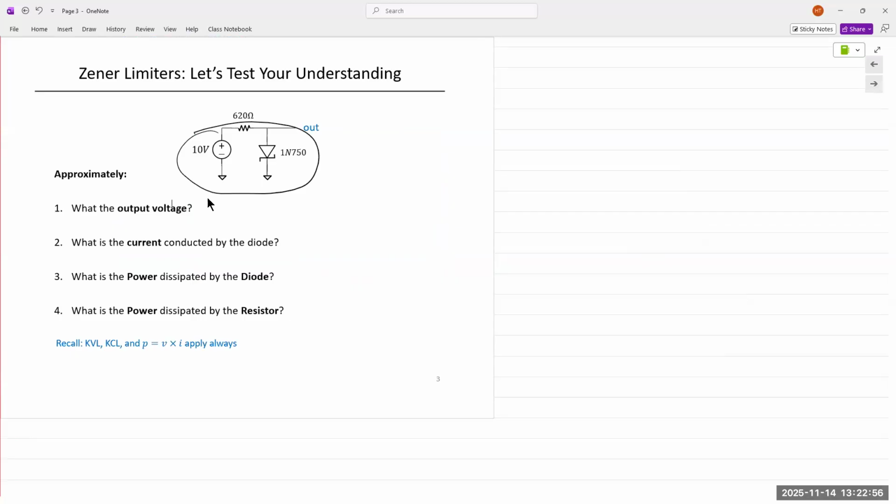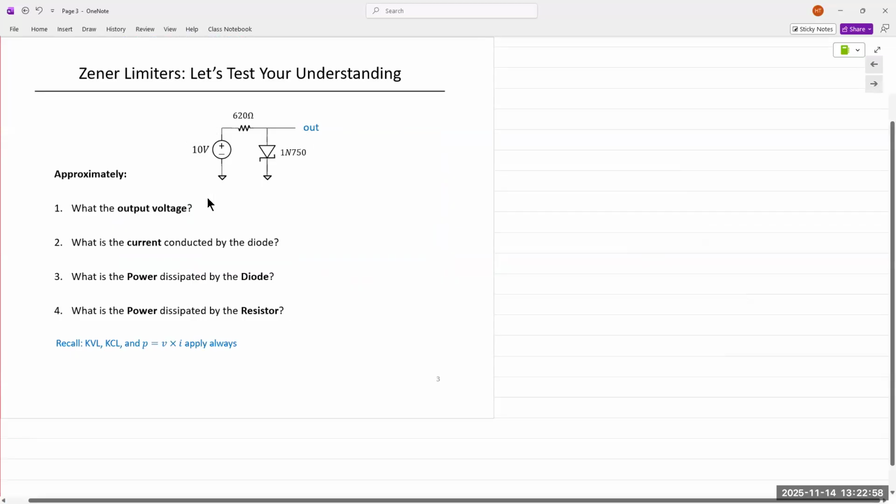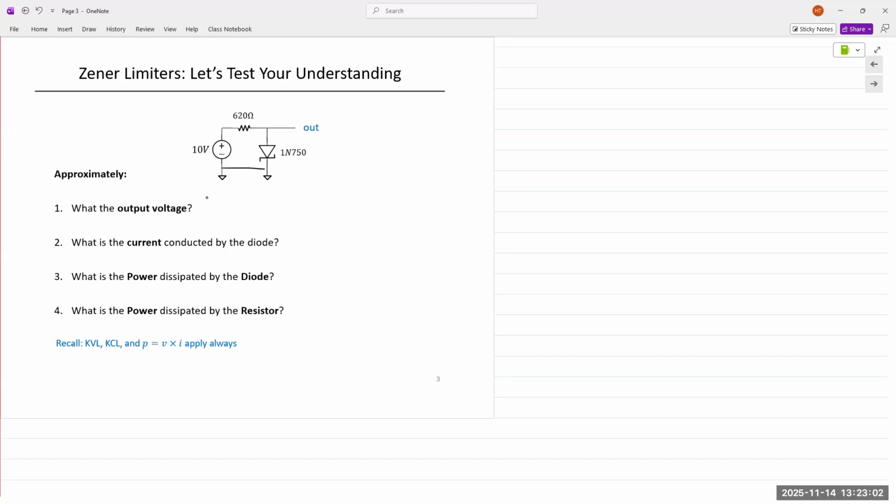It's forward, right? It's a standard diode. It's connected in forward bias. And so we can apply circuit analysis techniques, and we can calculate what the current or the voltage across the resistor would be.